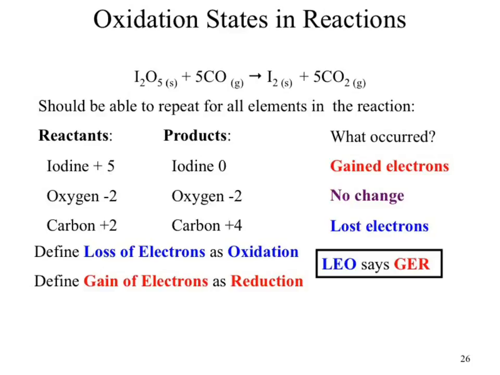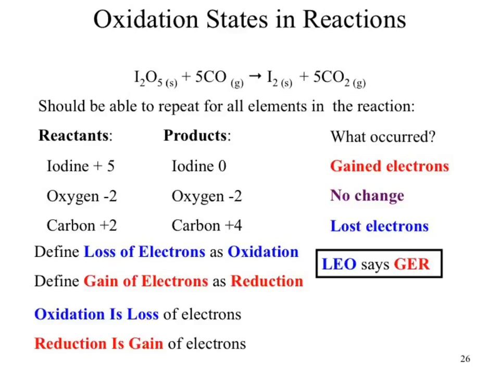LEO the lion says GER. As opposed to OIL RIG, oxidation is loss. Loss of what? All it says is oil. Oxidation is loss. What am I losing? It doesn't even say in the name. LEO says GER actually tells you what's happening.